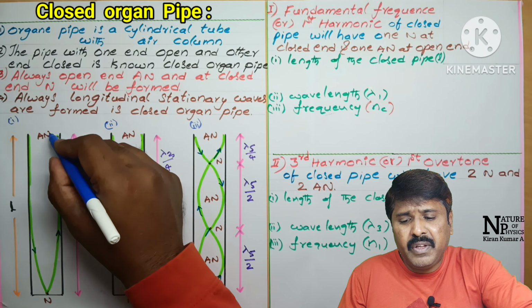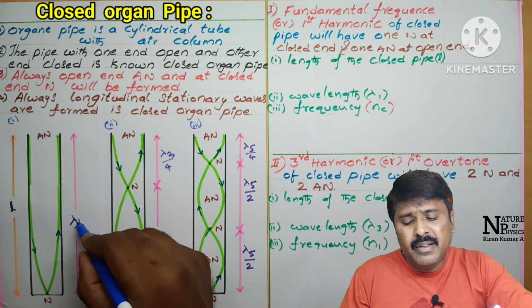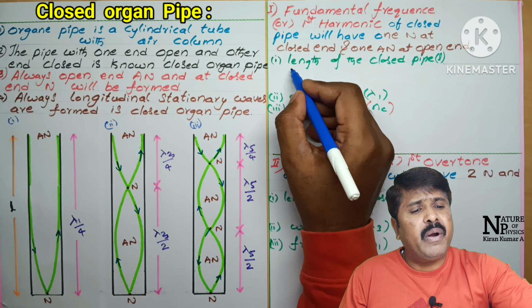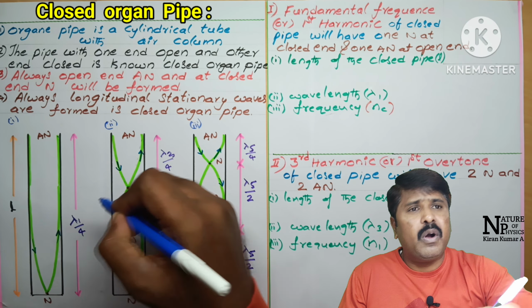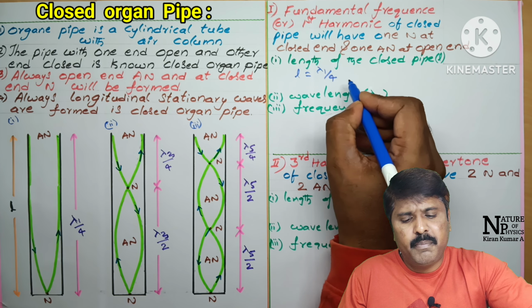The distance between the node and antinode is lambda divided by 4, that we are considering lambda 1 divided by 4. The length of the pipe L is equal to lambda 1 divided by 4.